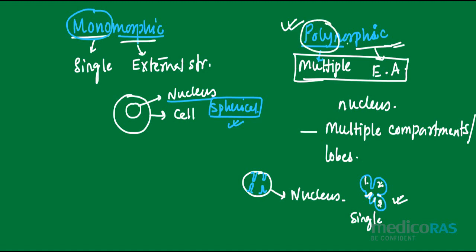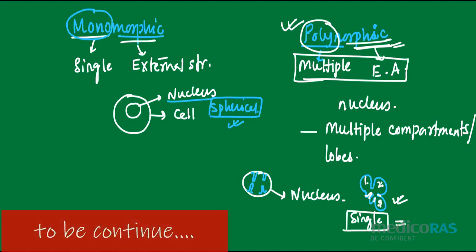Externally we can see multiple lobes, but it is only a single nucleus. It seems like multiple nuclei, but it is not; it is a single nucleus only, and it has multiple lobes. I hope everyone is clear till this part on what a monomorphic nucleus and a polymorphic nucleus are.